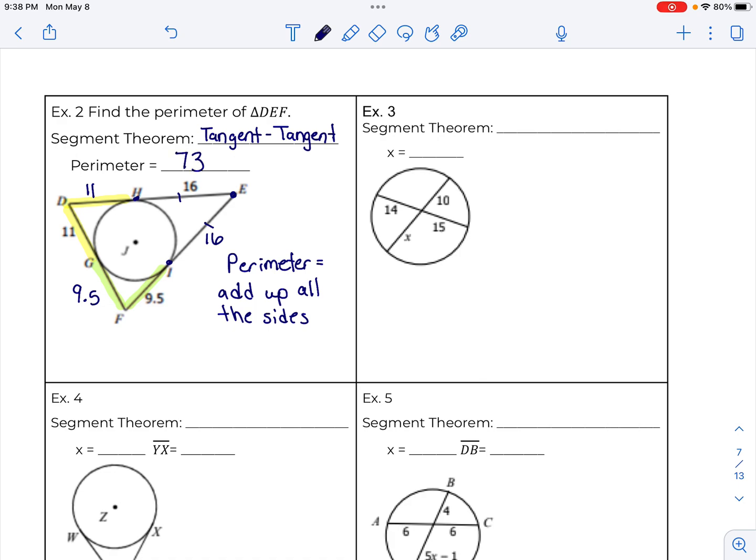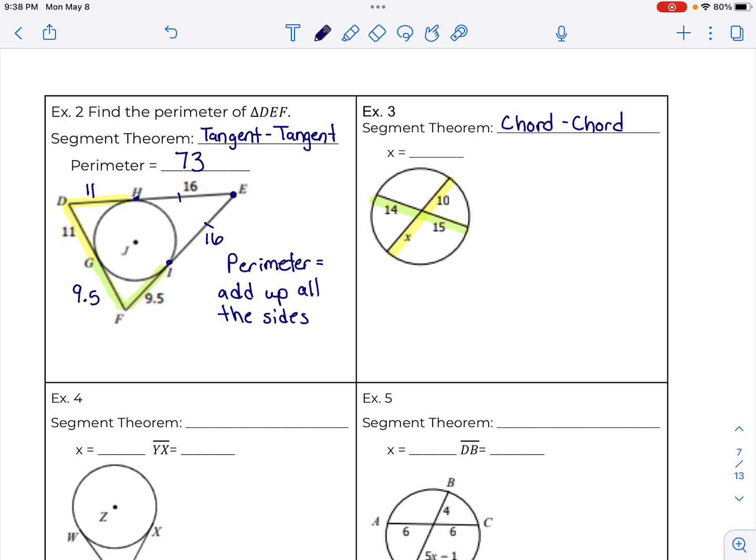The next one, these are called chords. So this is called the chord theorem. On day 1, we learned a chord is a segment inside of a circle. So just like we did before, we highlighted them with two different colors to represent the two different chords.